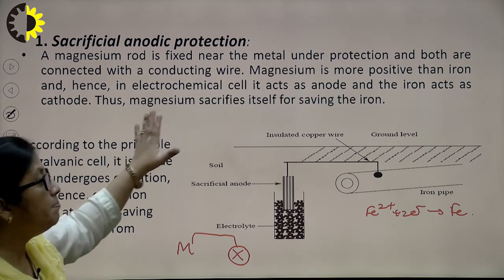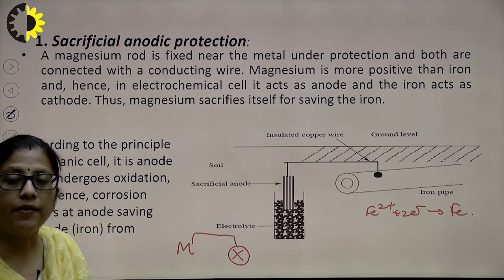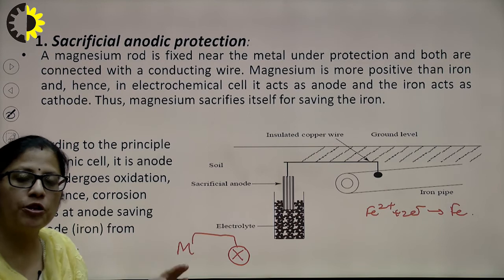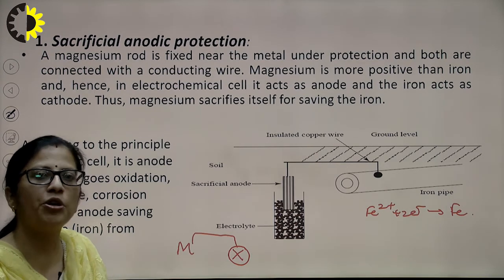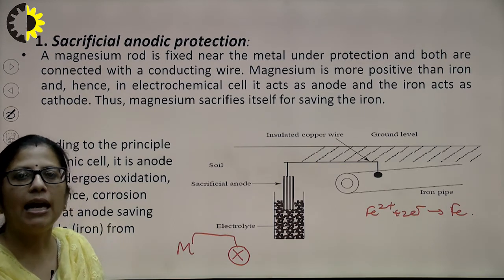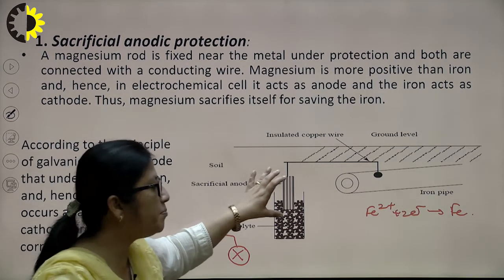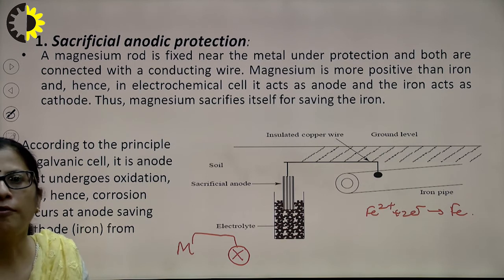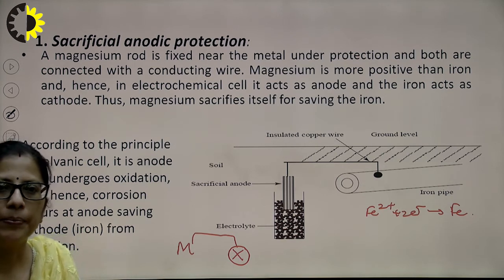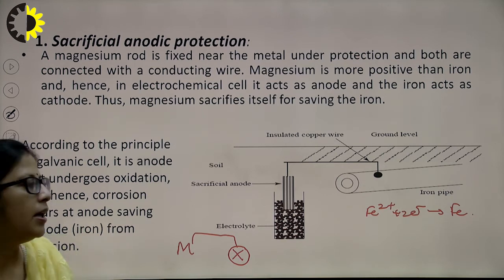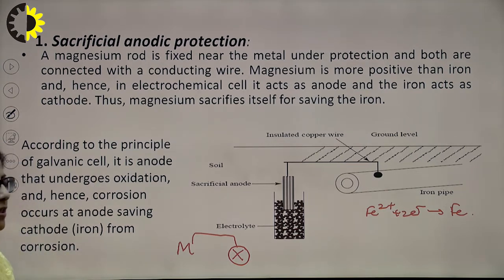So, here magnesium is more positive than iron, and hence in the electrochemical cell again this magnesium is going to act as the anode and our iron will act as the cathode. So, we are going to sacrifice magnesium while protecting our iron. This is according to the principle of galvanic cell, that it is the anode that undergoes corrosion, and hence corrosion occurs at the anode, saving the cathode from corrosion.